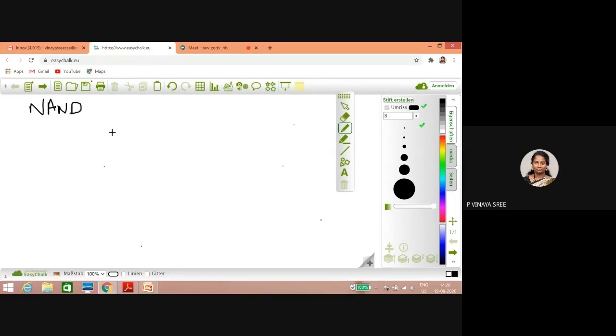You are not having any AND or NOT, nothing. With that NAND gate, you can implement all the remaining 3 basic gates. Means using this NAND gate, you can implement AND, you can implement OR, and you can even implement a NOT. So that's the reason these are universal gates.